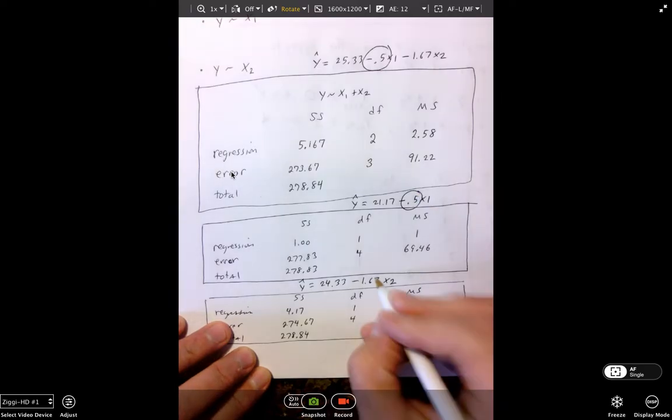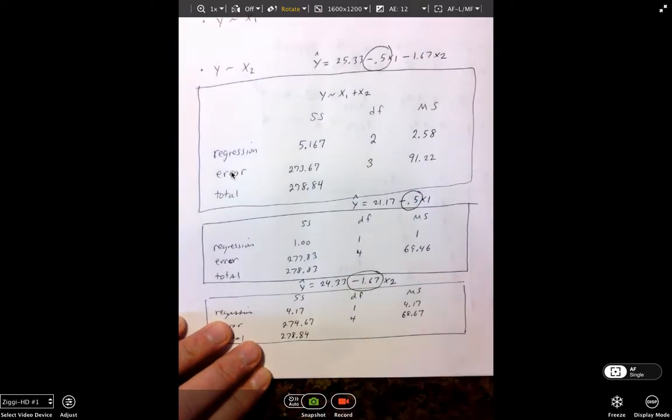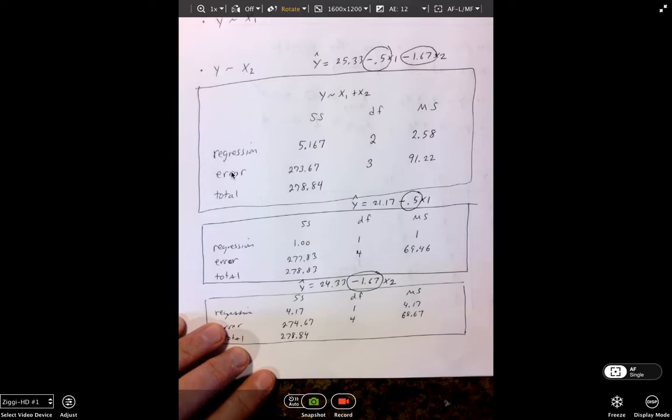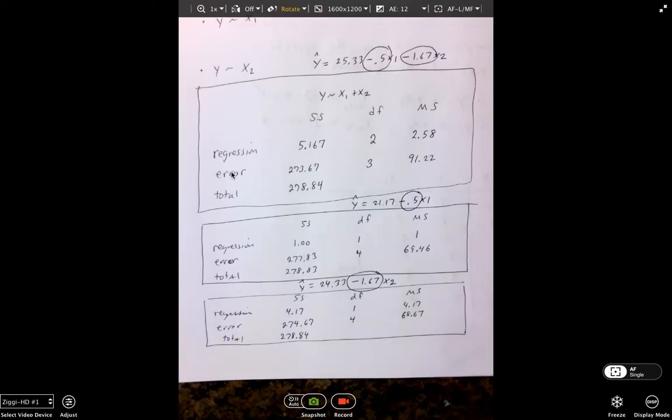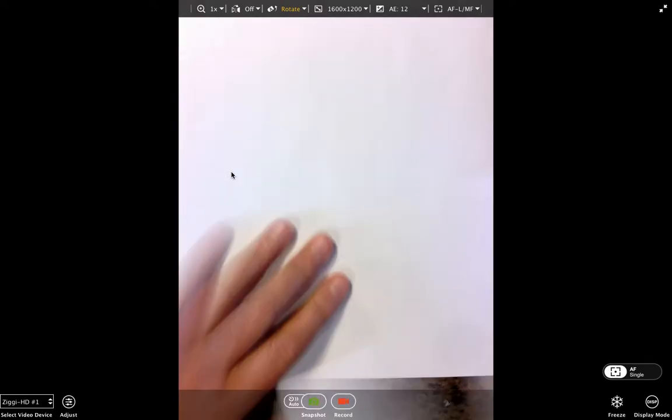And also notice that beta 2 is stable whether or not we have just x2 in the model or x1 and x2. So what we can say is that when we have a two predictor model, now I'll tell you what, let me write this down.